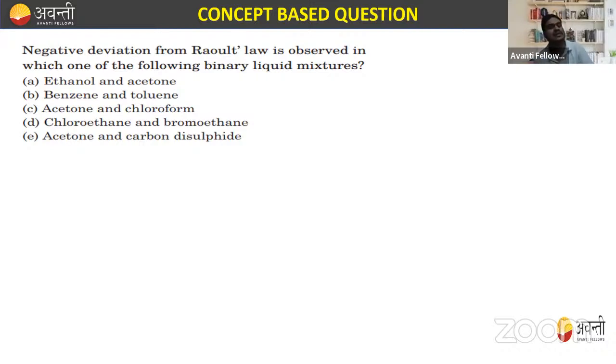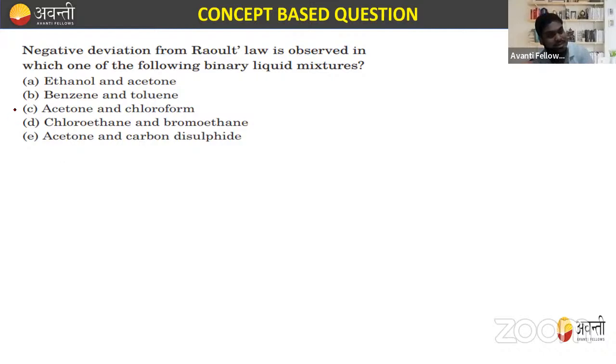So what are the examples, beta? Ethanol and acetone? No, ethanol and acetone show positive deviation. Benzene and toluene? No, it will show ideal behavior. Acetone and chloroform, chloroform and bromoethane, and acetone and carbon disulfide.